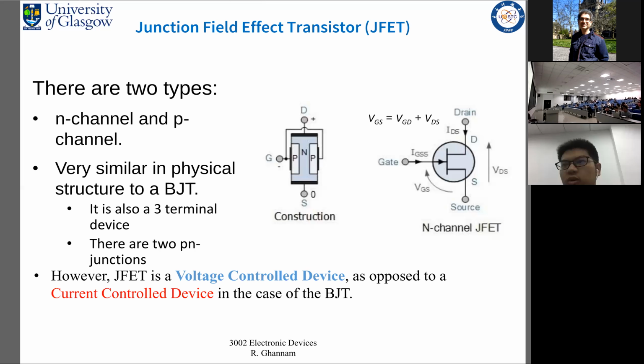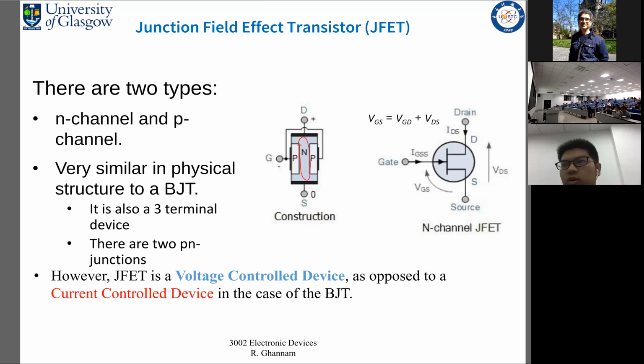Okay, very good. As I was mentioning, the purpose of today's lecture is to go through junction field effect transistors. There are two types: the N-channel and the P-channel transistor. The N-channel transistor means that in between the terminals of the p-type material, there is an n-channel.